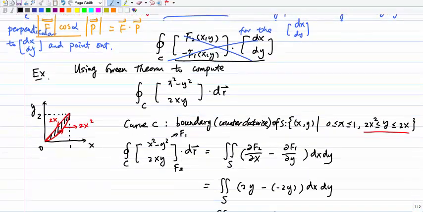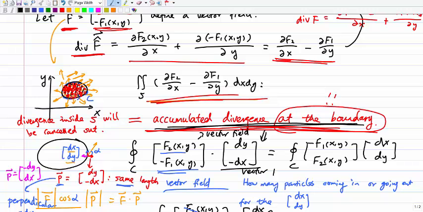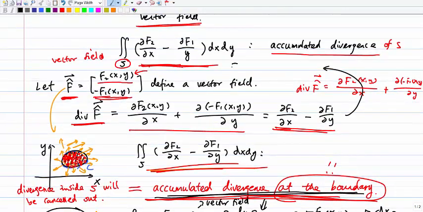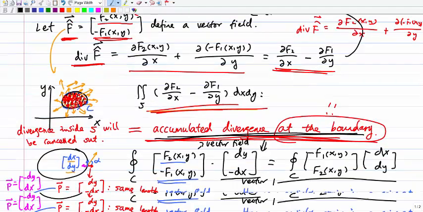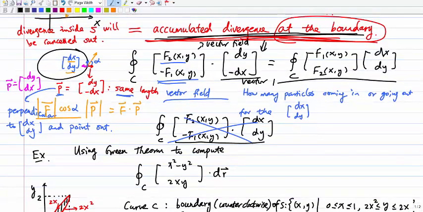The accumulated divergence at the boundary is calculated by this, so this equals the integration over c of f1 dx, f1 f2 dot dr. So that proves that, based on the physical meaning, yes, it does.